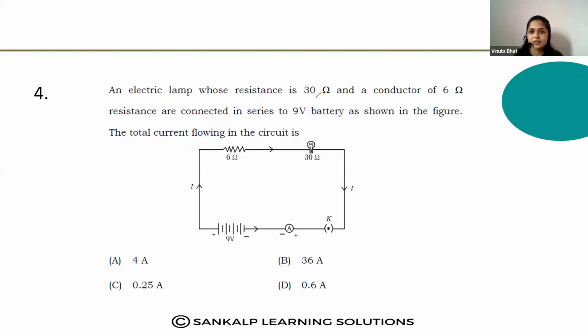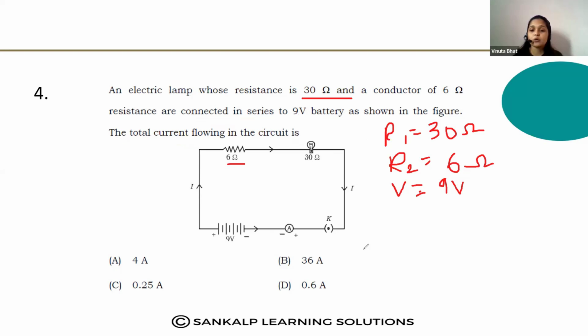Here I will take resistance R1 is equal to 30 ohm, and R2 as already given, that is 6 ohm. They are connected in series to a 9-volt battery, V is equal to 9 volt. When connected in series, the total resistance is 30 ohm plus 6 ohm, that is R is equal to 36 ohm.